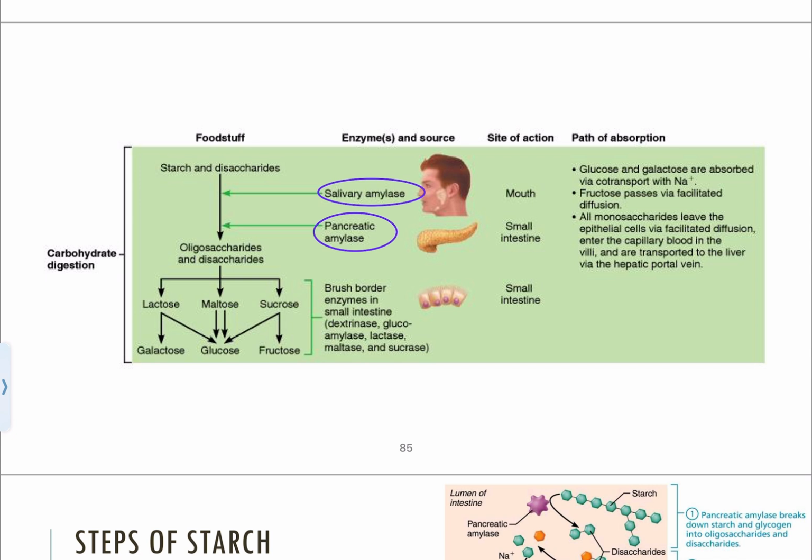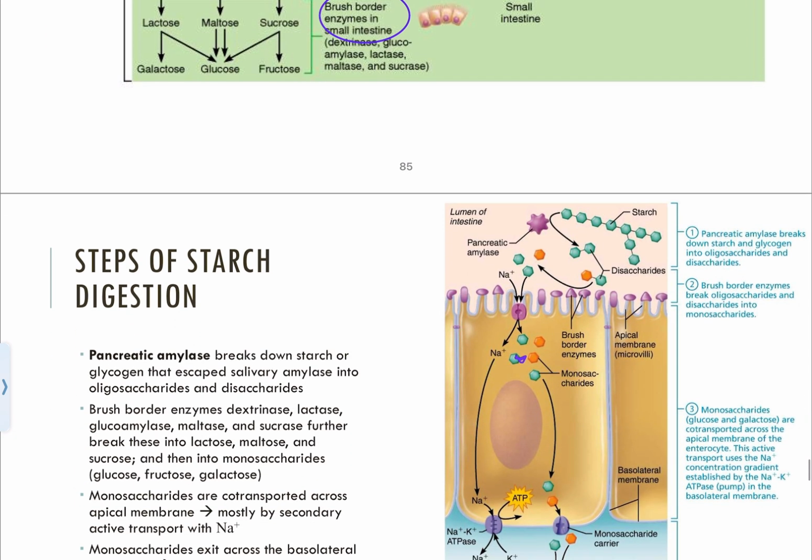So still pretty small, they're just small fragments of linked monosaccharides, but we still don't have our complete single unit monomer broken down yet. It's not until we actually hit those brush border enzymes that are in the microvilli of our small intestine where we're going to take oligosaccharides and disaccharides and actually be able to break them down into individual monomers or monosaccharides.